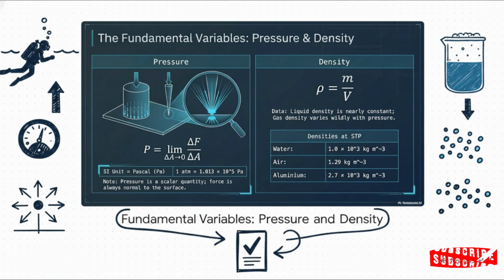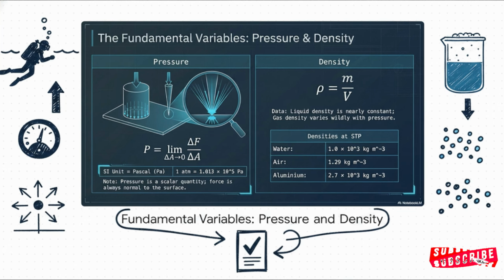Next up, we have your two fundamental variables. When we're dealing with fluids, we honestly rarely talk about total mass or total force. Instead, we use density and pressure. Density is simply mass divided by volume. The key takeaway for your exam: liquid density is practically constant. It's incompressible. Gas density, on the other hand, varies wildly depending on its environment.